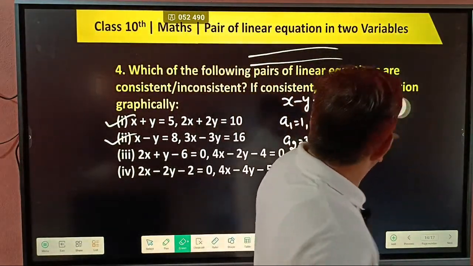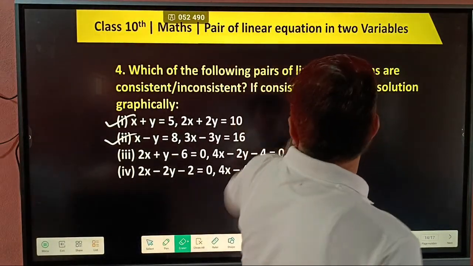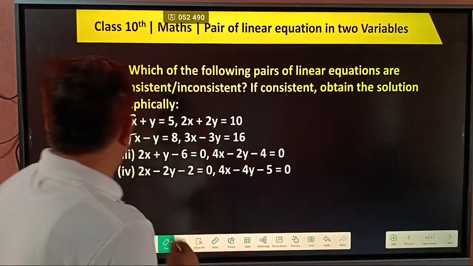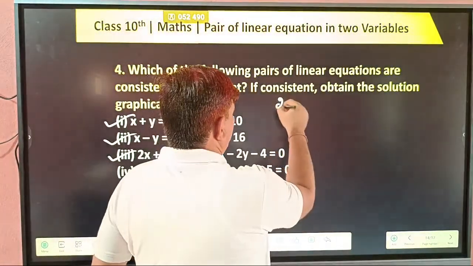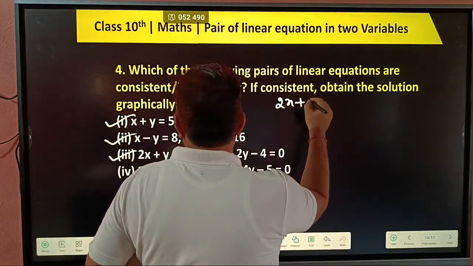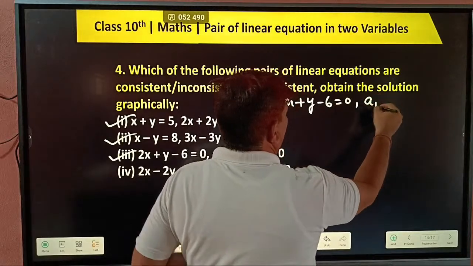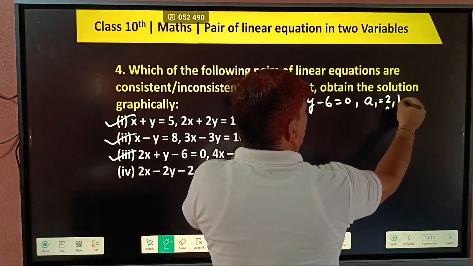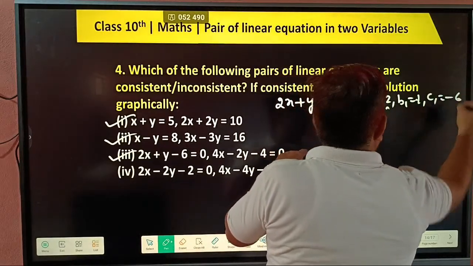Next. So you are able to solve. If any problem, you can tell. According to me, no problem. Next is the third part. What's written? 2x plus y minus 6 is equal to 0. It means a1 equal to 2, b1 equal to 1 and c1 equal to minus 6.